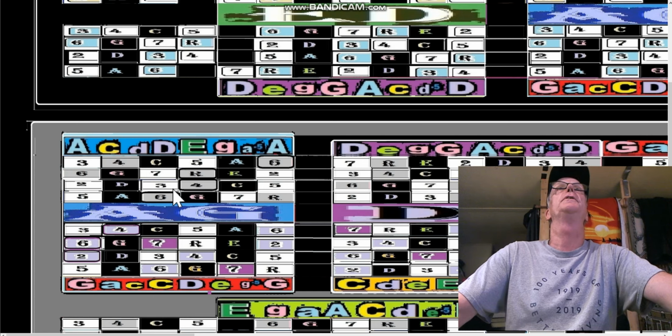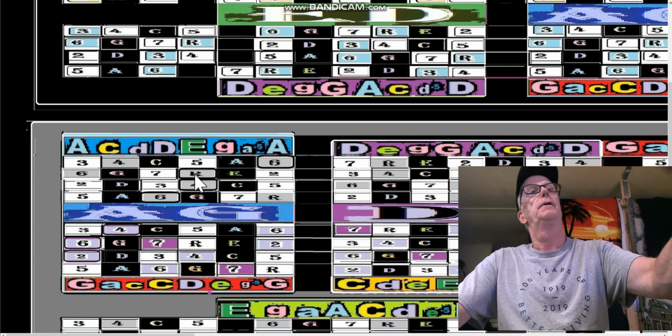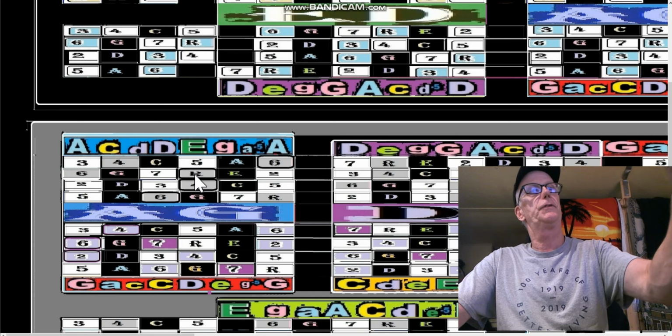So that's going to be what? 4, 6 root. Here's 6, 4 root. Okay, so in this particular position, we don't get a root chord on the fourth. We get 6, 4 root. So we get 6, 4, and root.